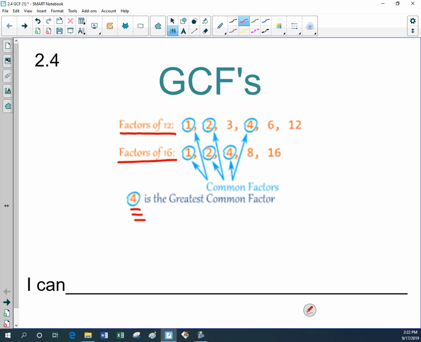So the greatest common factor is the largest factor that both of these numbers have in common. You can see the different factors that they have in common circled here. Factors of 12 that are the same for 12 and 16 are 1, 2, and 4. Factors of 16 that are the same are 1, 2, and 4, and the largest is 4.